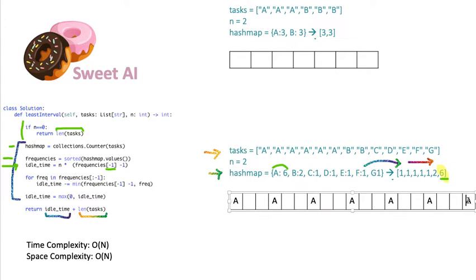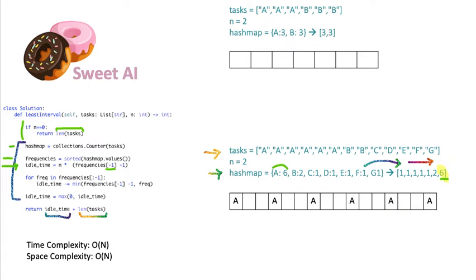Here we can get rid of this column. We don't need the last two, because it's done. If it is done, we don't need an idle time or a cooldown time, so we are going to get rid of these two.